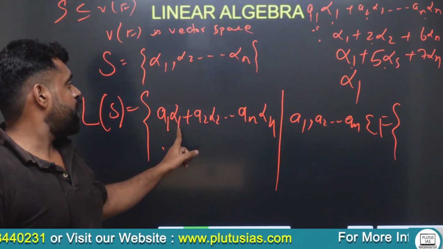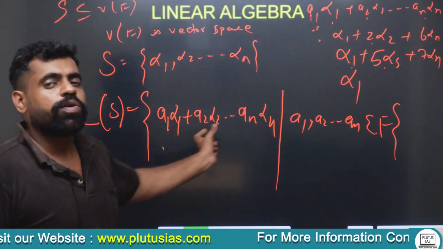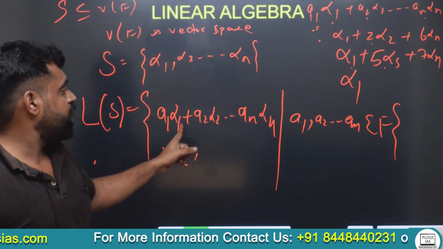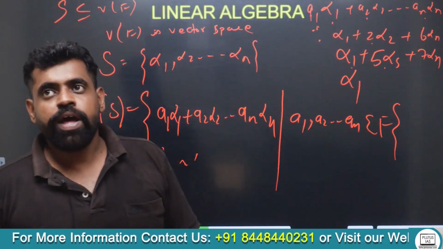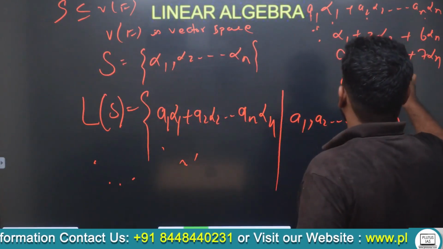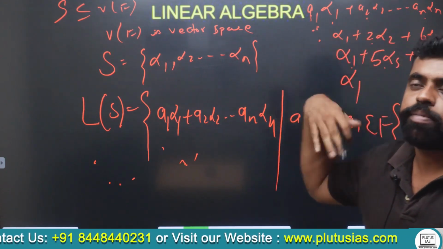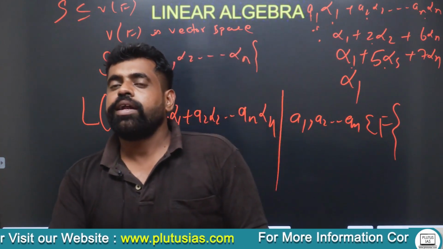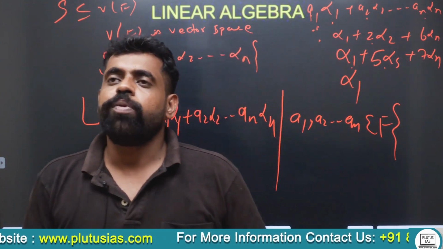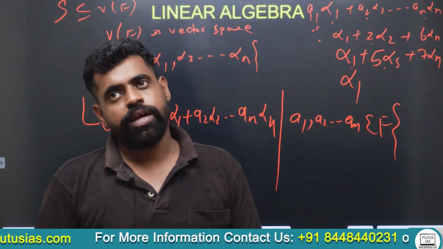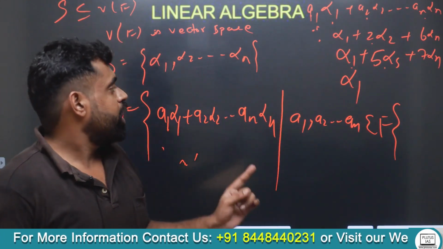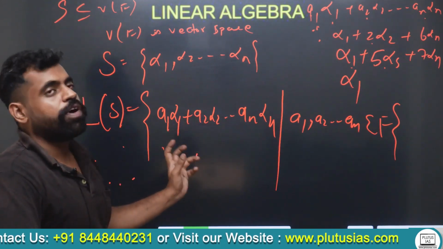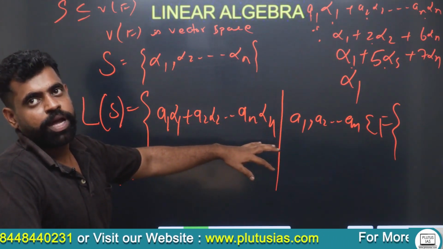So all those combinations a1 alpha 1 plus a2 alpha 2 and so on, which are formed, are called the linear span, where a1, a2, an are the elements of F. I took numbers like 2 and 5 because I have taken the field as real numbers, to make you understand. This could be complex numbers, this could be anything; the field could be anything. For now, understand that LS is the set of linear combinations a1 alpha 1 plus a2 alpha 2 plus up to an alpha n.